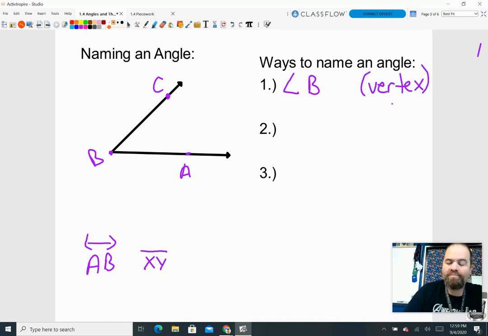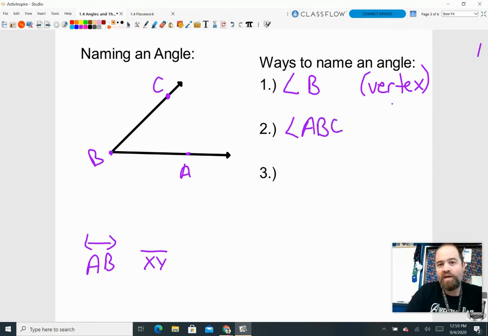Sometimes that works great, sometimes it's not the best. If I were to have, say, another ray come off of here, and I were to just name it angle B, well, which one am I talking about? Because there's three different angles there. So depending on the actual situation, it decides which one's better for you to use. The one that works 100% of the time is all three letters on the angle.